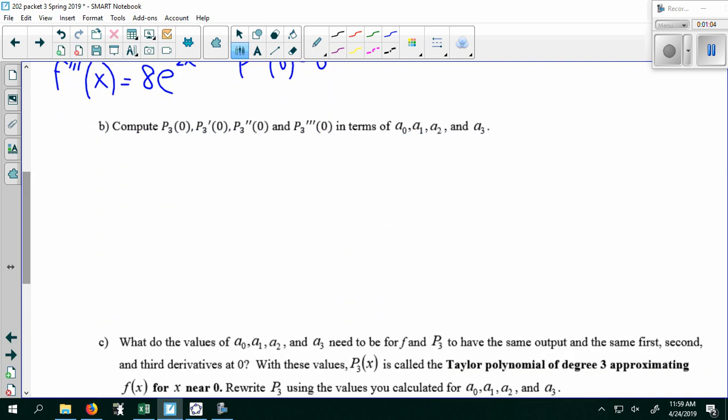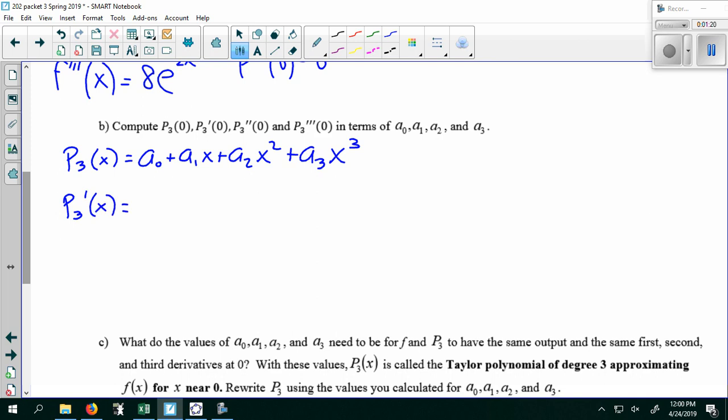Okay, now I need to do the same thing for P3. So P3 of x is a naught plus a1x plus a2x squared plus a3x cubed. P3 prime is going to be a1 plus 2a2x plus 3a3x squared.